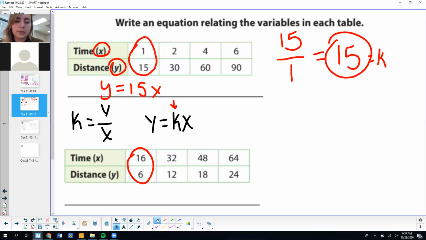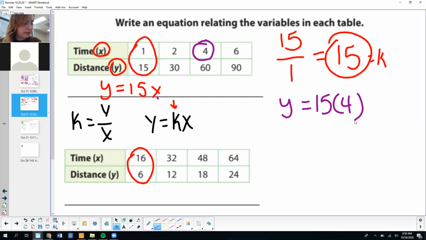Now I want to explain why this makes sense. If we had y equals 15 times x, and we wanted to put in 4, we sub in 4 instead of x. 15 times 4 gives me 60, so it checks out.